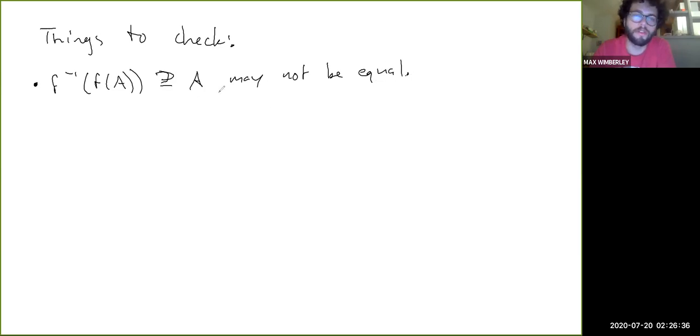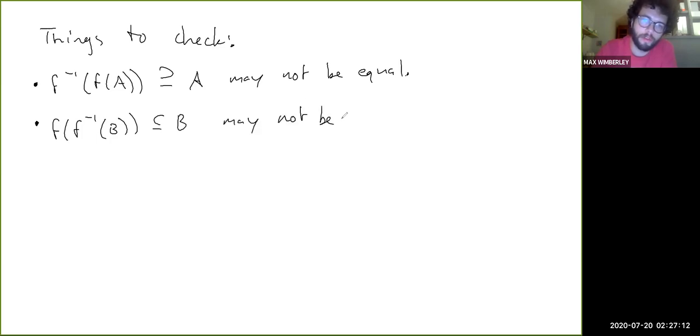You should just verify this for yourself. These are very simple little logic puzzles, and you should really check these for yourself. I'm not going to be able to give examples for each one. Similarly, f of the inverse of B is always a subset of B, but these also may not be equal.